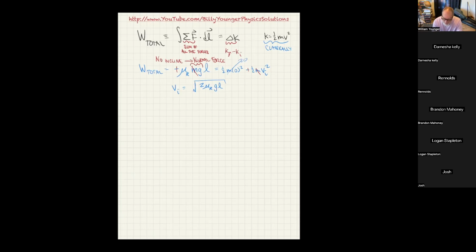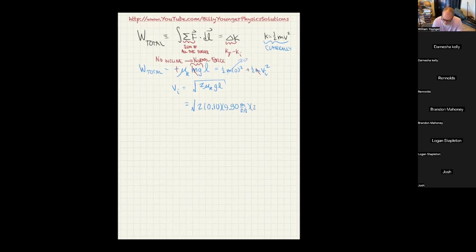From that, if we take some typical numbers, I can say 2 times, let's say the coefficient of friction is 0.10. Gravity, of course, is 9.80 meters per second squared. And let's say that a typical skid mark might be around 30 meters.